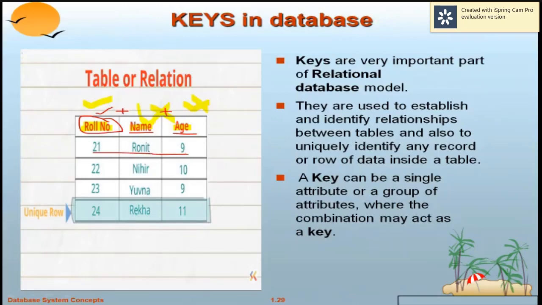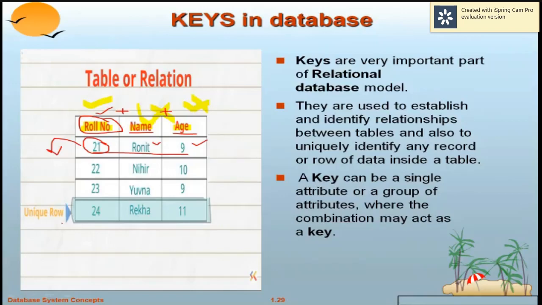If you look here, this person Ronit, with age 9 along with his roll number, is carrying a unique record. This cannot be repeated again because roll number 21 is assigned to only one student. In the same way, the remaining records are also unique in nature.